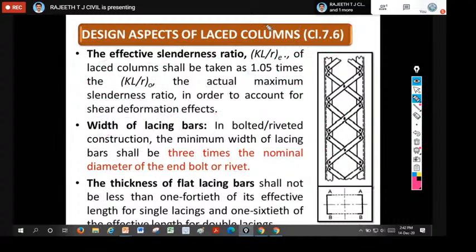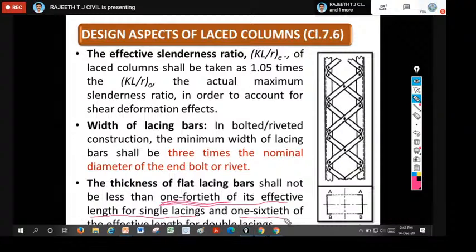These were some of the specifications about the laced column. So the effective slenderness ratio is 5% extra, 1.05 times the actual column. The width of the lacing bar is 3 times the nominal diameter of the end rivet. The thickness, as given in the code book, must not be less than 1/40th of the effective length for single lacing.